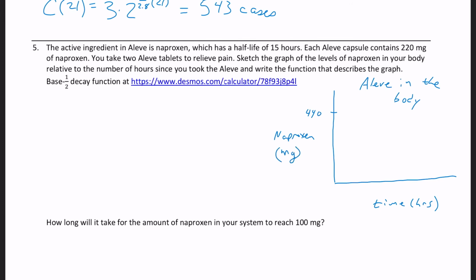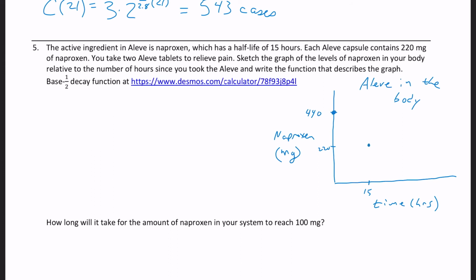It says it has a half-life of 15 hours, meaning after 15 hours, your 440 has been cut in half to 220. So the next point on the curve is here.